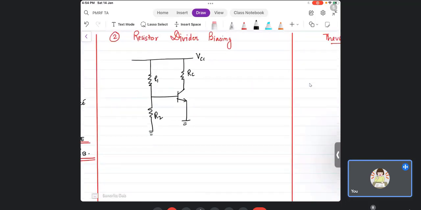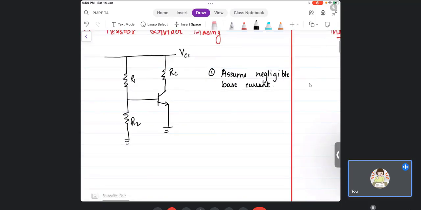Now in the first part of resistor divider biasing, we assume negligible base current. Before I proceed, I will do some markings here. This current will be IC as usual. This is IB. This current is I1.